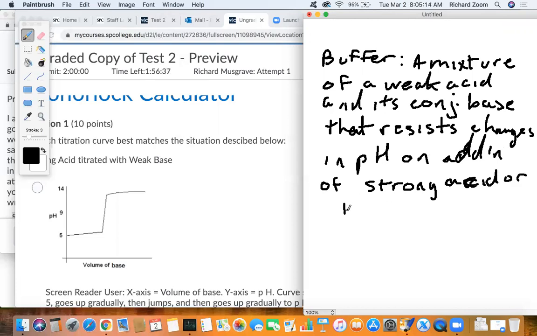Now the buffer region itself turns up as what amounts to a straight line on the pH curve here. So that would be the buffer region.